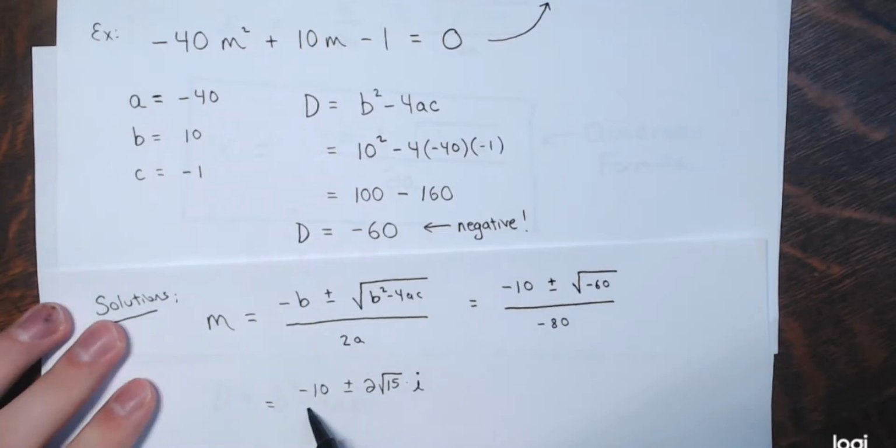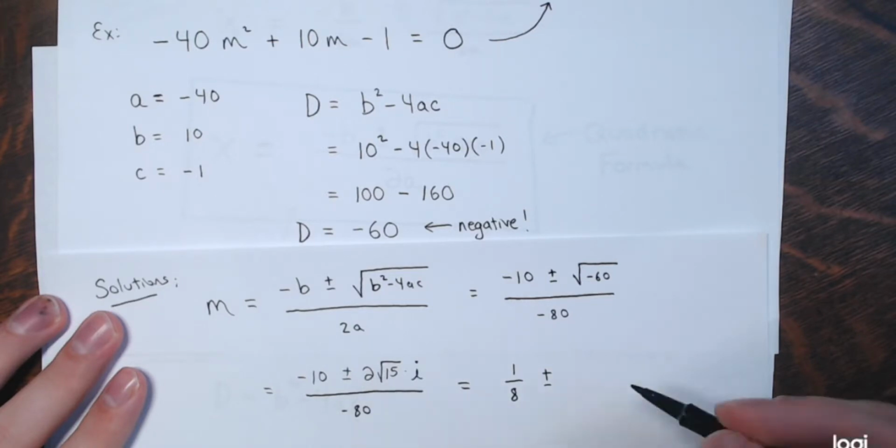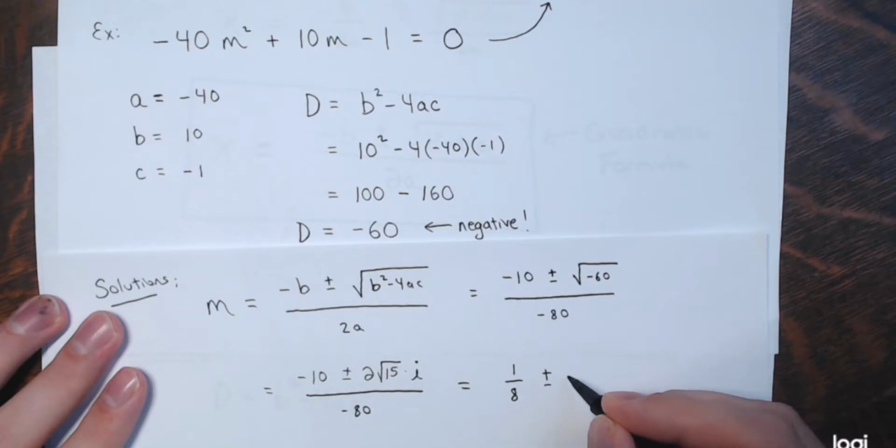And then this is all getting divided by -80. I actually go and divide each of those terms by -80. So -10 divided by -80, that's positive 1/8. So I get 1/8 plus or minus, and then 2 root 15 over -80 would be basically just the square root of 15 over 40 times i.